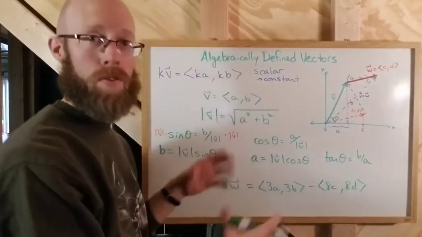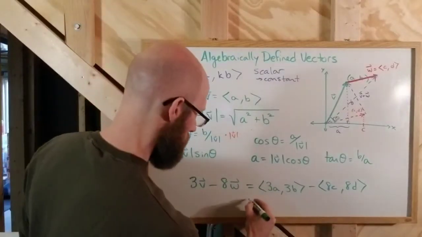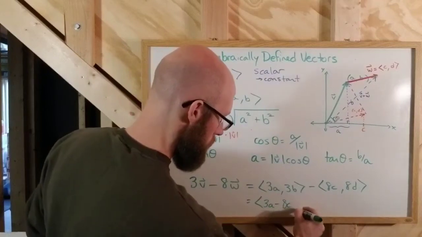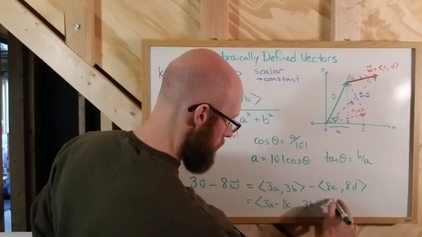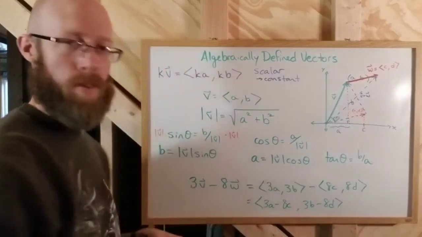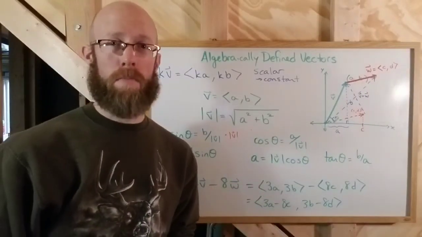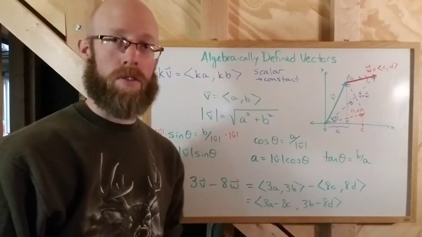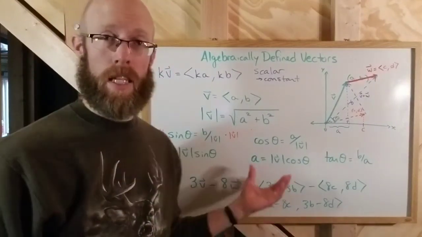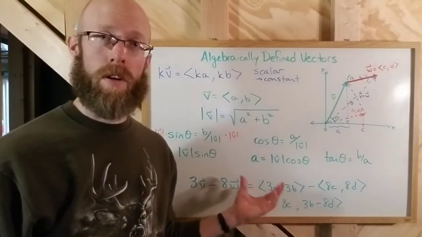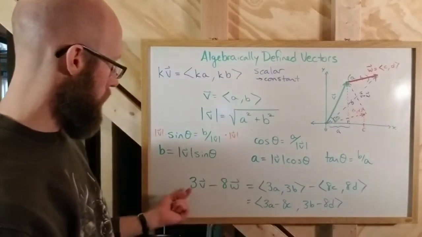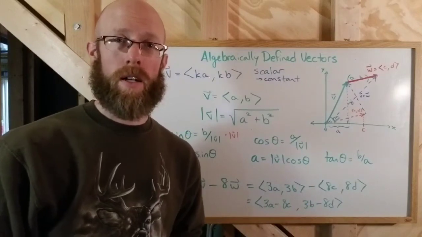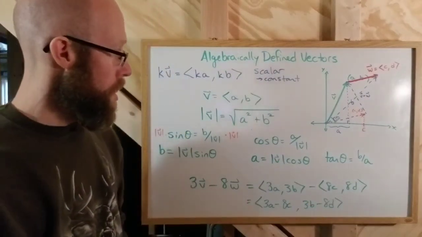And of course, if I put those together into a single vector, I would just have 3a minus 8c, comma 3b minus 8d. All right, so whatever those a, b, c, d values are, you just combine them in this way, and you get your final vector. So sometimes we call this a linear combination of vectors, where you add or subtract coefficients times the vectors together.